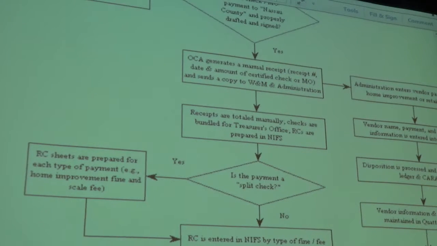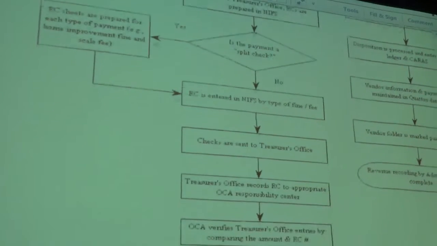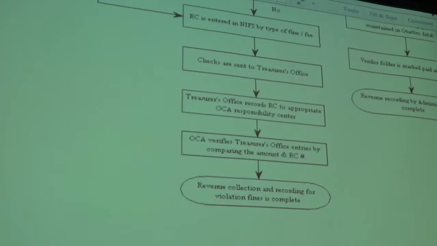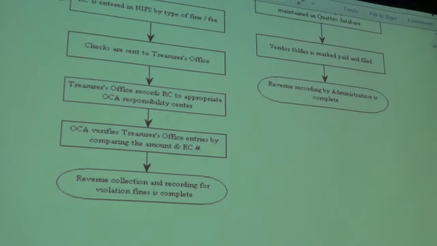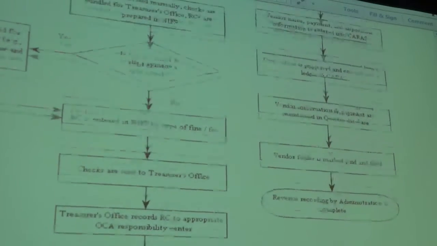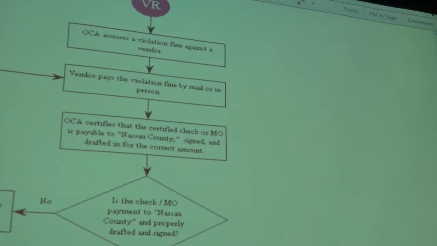Yes or no? If it's yes, then that has a process. If it's no, then it has a process. And so the process continues. Revenue is recorded by administration. On the revenue side, there is a whole function for when it recognizes revenue, and whether the check is appropriate or not.